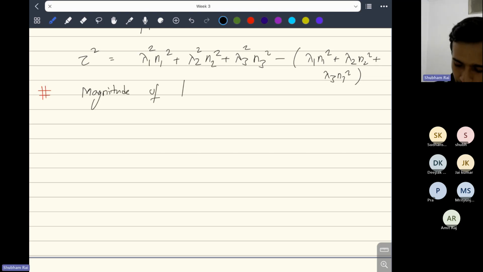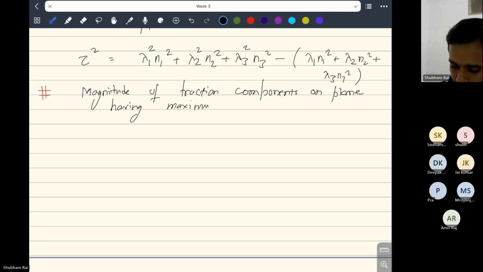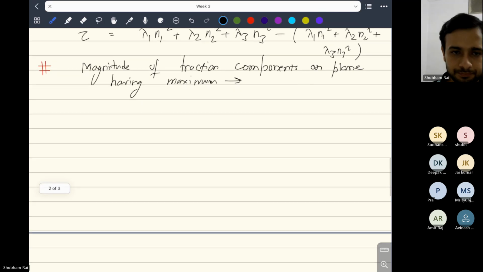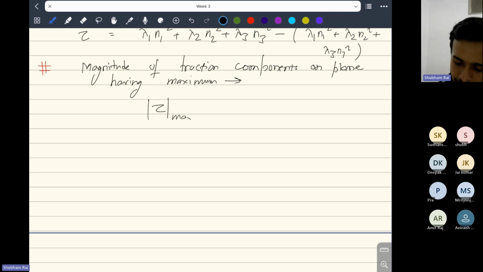Magnitude of traction components on a plane having maximum shear. There will be some value. So maximum shear will have the value of lambda 1 minus lambda 2 by 2.